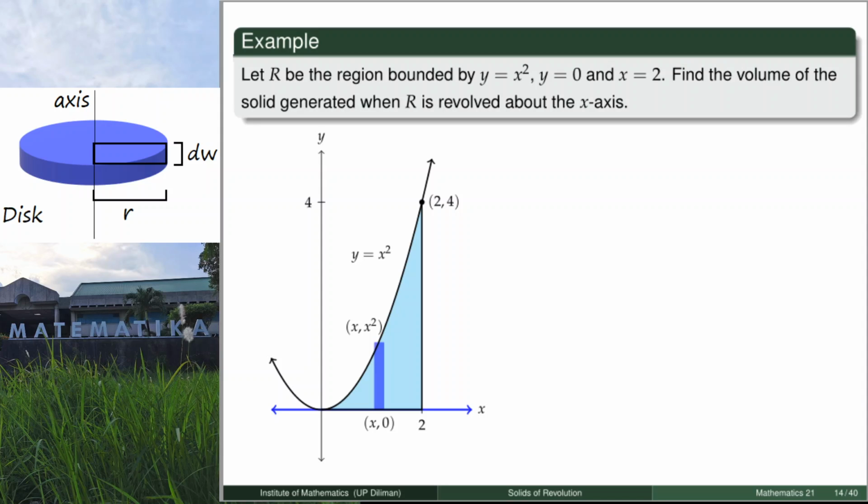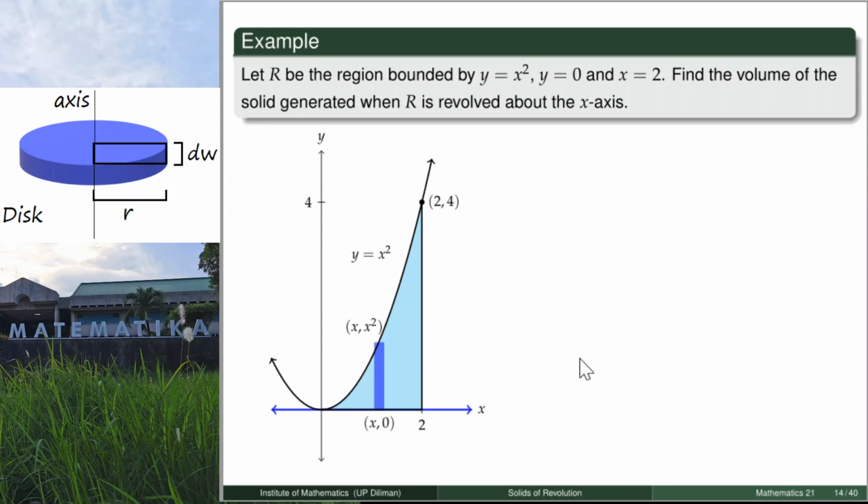Okay? So note that this boundary has a segment that coincides with the axis of revolution. So therefore, we will get discs. That means if we draw any arbitrary vertical rectangle in this region and revolve the rectangle, we will surely get a disc because there will be no hole in the middle.